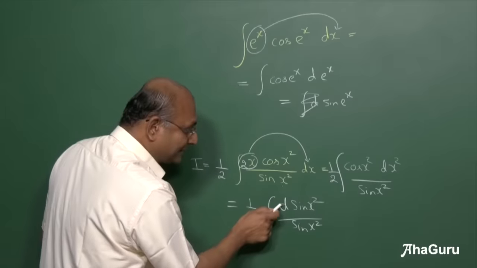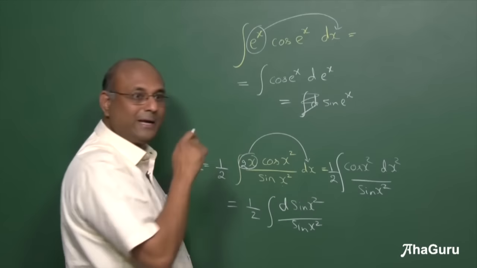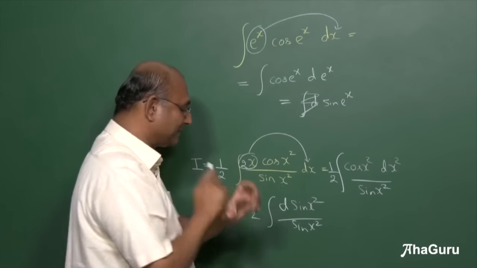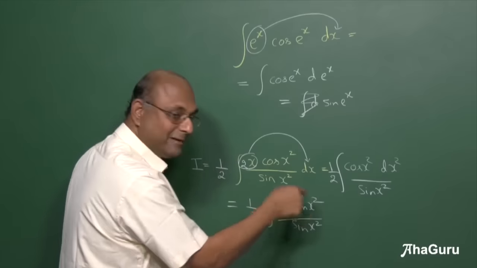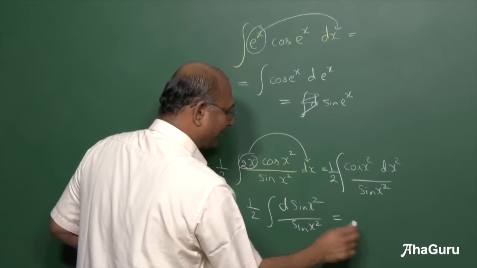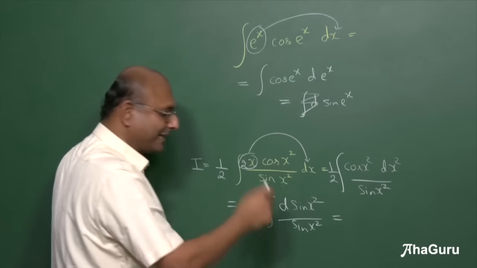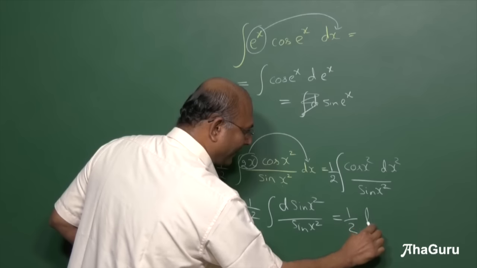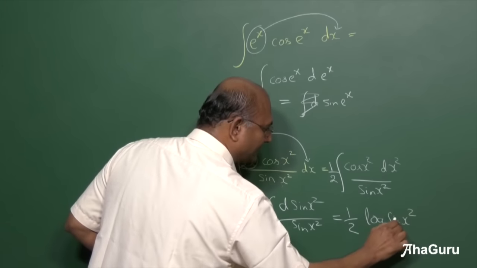Now think of it like this, dy by y, right? So this is dy by y. dx by x, 1 by x dx, what is that? d of log x. dy by y, d of log y. d of sine x square by sine x square, d of log sine x square. So this is going to give me d of log. So now you know that d of log, the d and the integral cancel out. So I'll write the half, the integral d got cancelled out. So I have log of sine of x square.